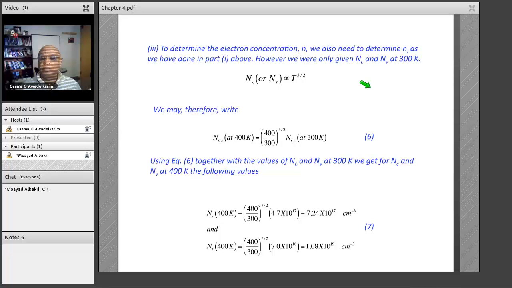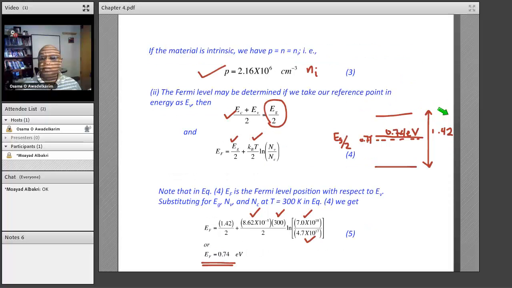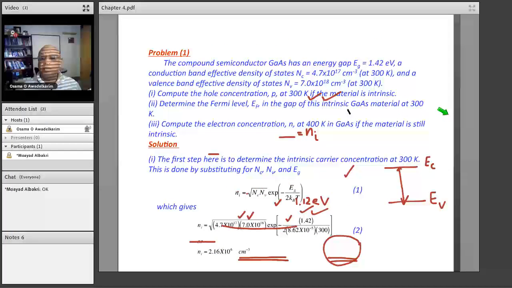We know NC is proportional to the temperature to 3/2, and NV is proportional to the temperature T to 3/2.